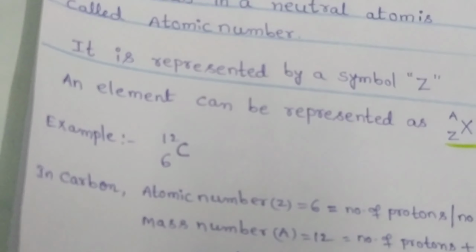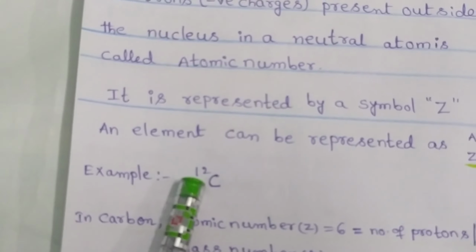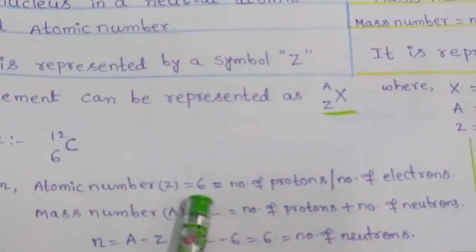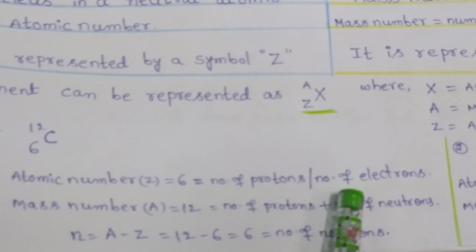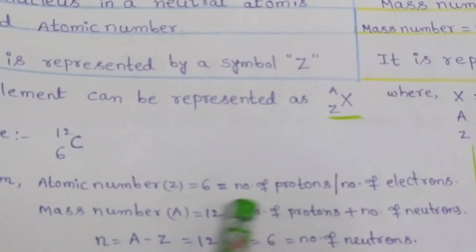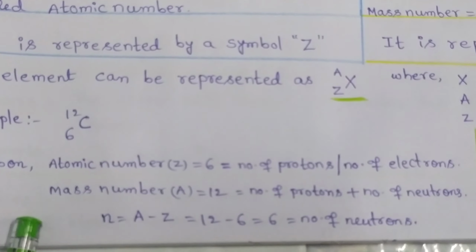For example, carbon: atomic number 6 and mass number equal to 12. That means atomic number 6 is equal to the number of protons or number of electrons. The carbon contains 6 protons and 6 electrons, and mass number is equal to 12.